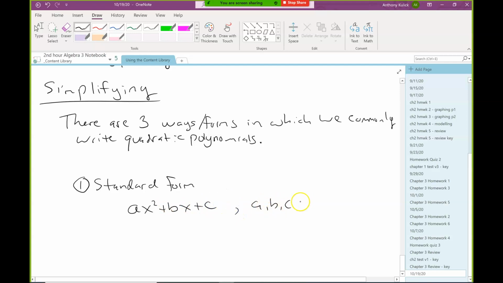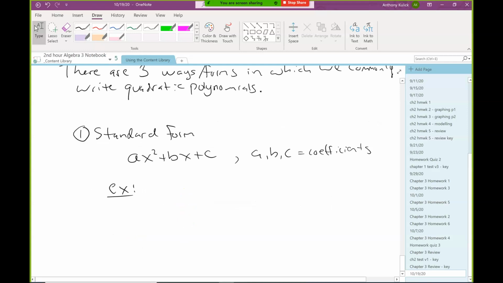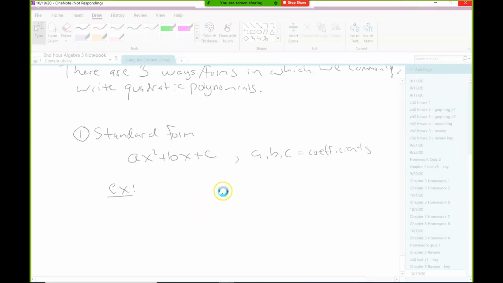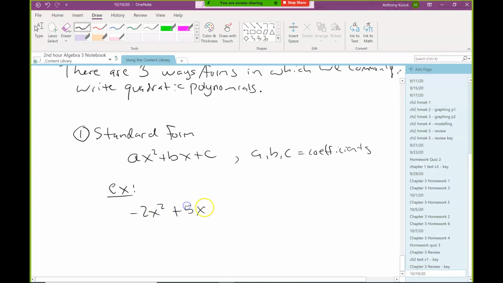So for example, let's say we have the polynomial negative 2x squared plus 5x plus 10. Is this in standard form? Yes, right? You can tell because it goes from quadratic term to linear term to constant term, in the same order as the form that we described before.